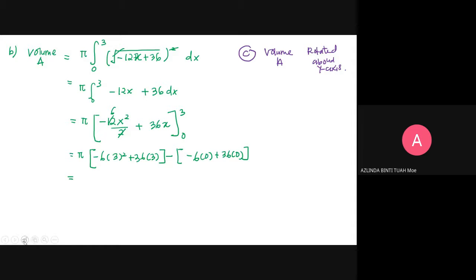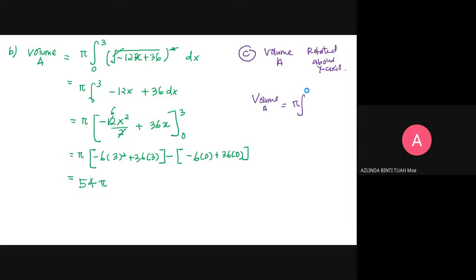Okay, in part C, you are asked to find the volume of the same region, but this time the volume is rotated about the y-axis. So everything must be in terms of y. Volume of A with respect to y. Still have pi here, but we are not going to use the limits 0 to 3.